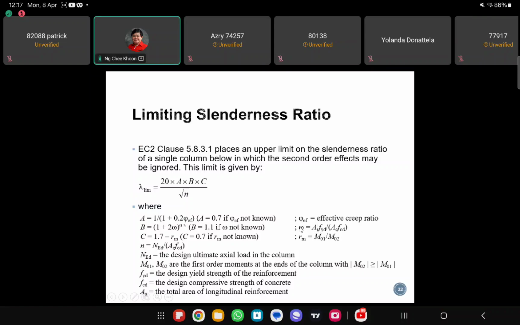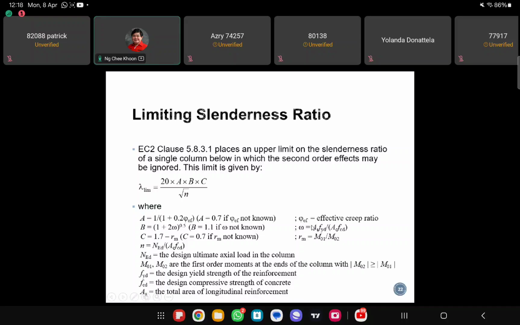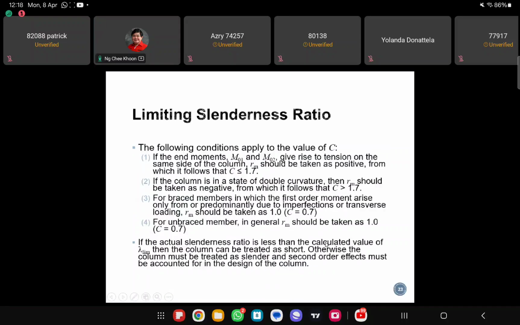Normally in design, we do not know how much steel we have, right? So if you are checking an existing column, then you know the area of steel that you put in the column, so you may calculate factor B based on the known reinforcement area, right?